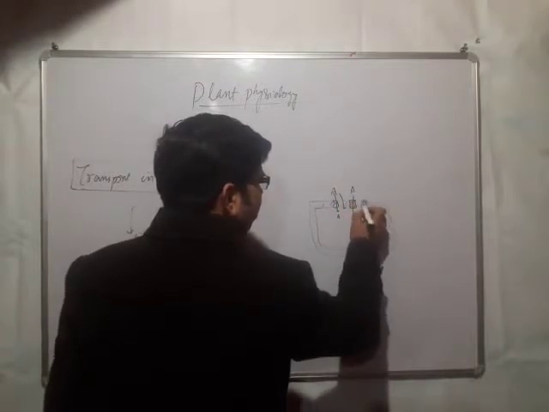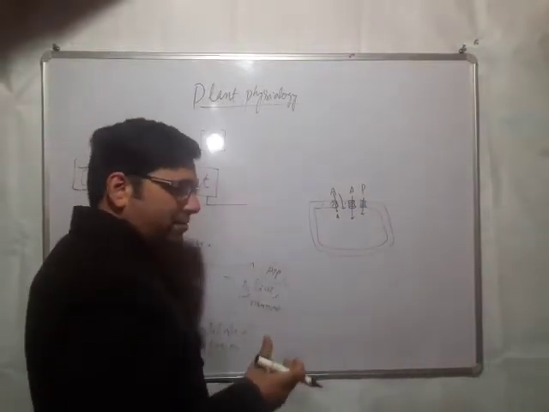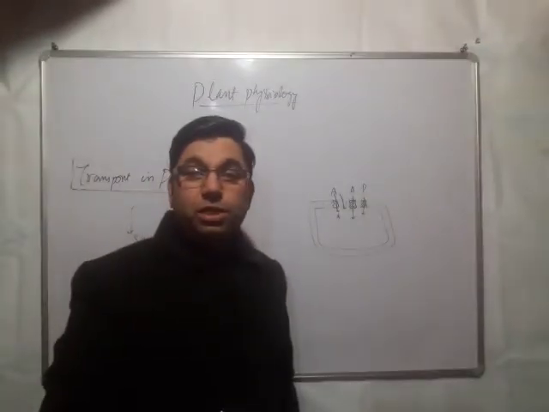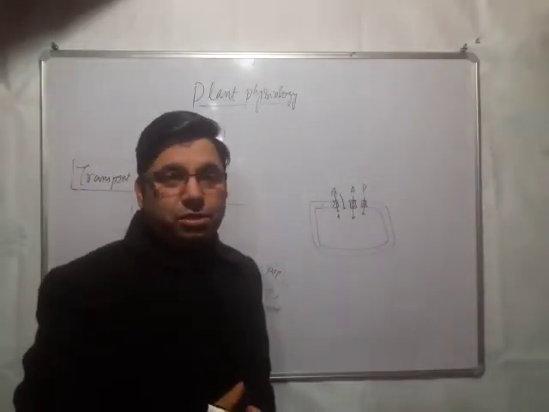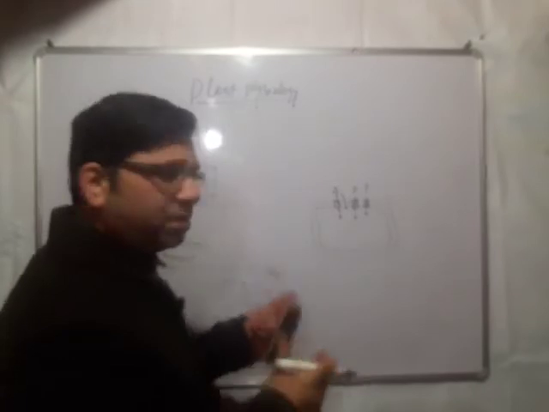Suppose there is another protein which lets in only P, then only P will enter. So this is the start of the cell membrane selectively choosing different materials.